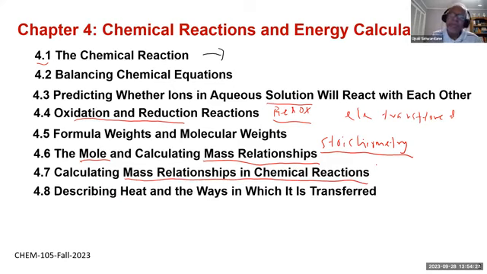We also can calculate the amount of heat involved in a chemical reaction. Heat of reaction is important.